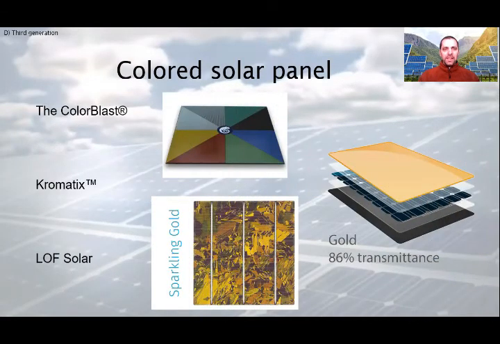Now, a few slides about an interesting topic, colored solar panels. The advantages of colored solar panels are mostly related to aesthetics. Many people find the general look of traditional solar panels to be ugly, and they are therefore reluctant to have them installed on their rooftops.